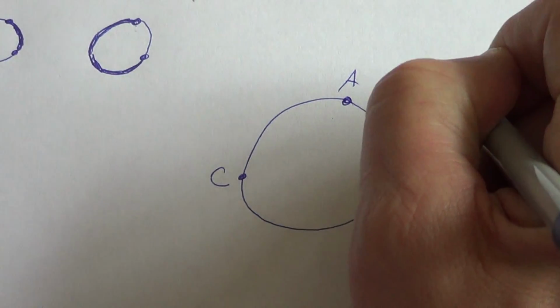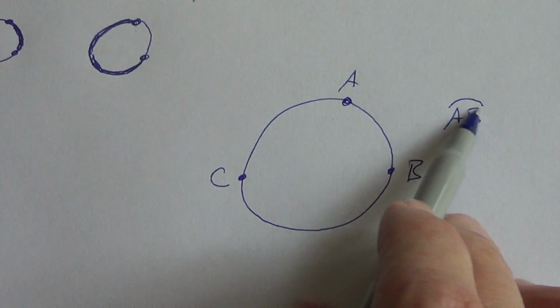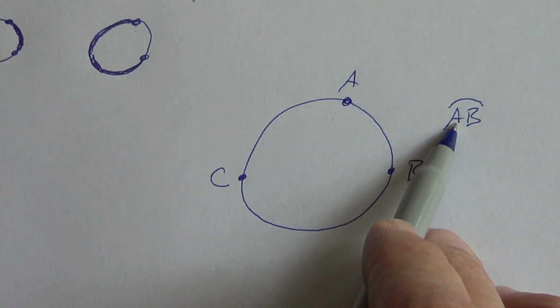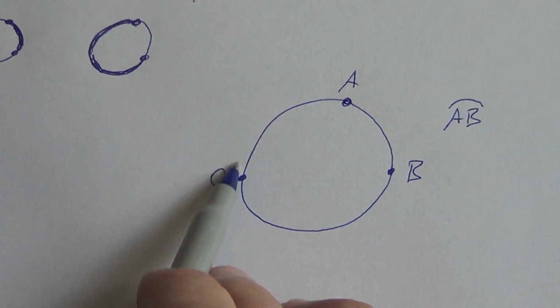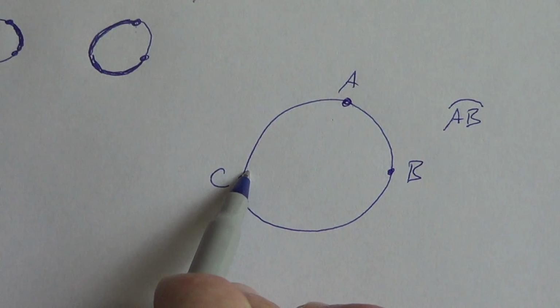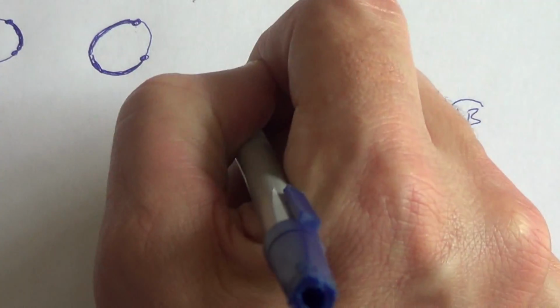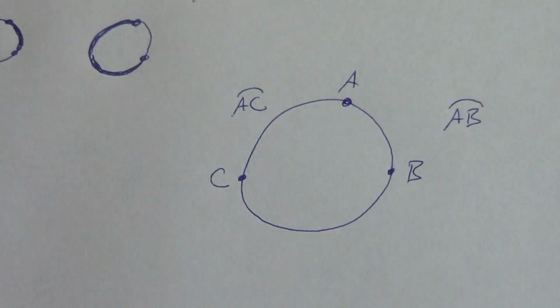So all we do is draw a curve over it. That's arc AB. Well, what if I wanted to name this one right here? Is that more or less than half of the circle? Once again that's less than half of the circle, so that's a minor arc, so that would be AC.